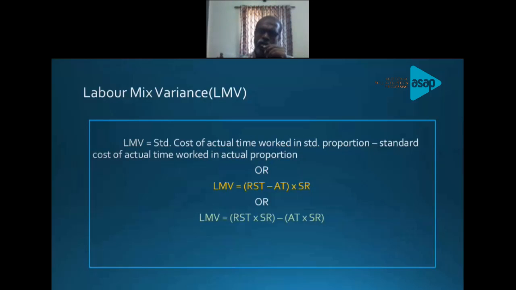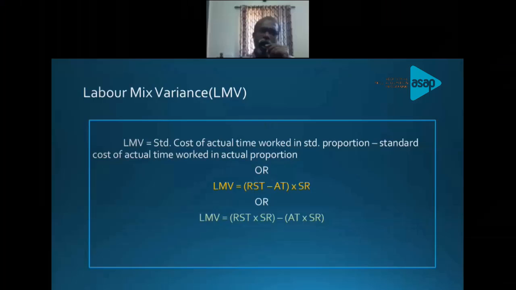For example, a group of workers including people with different skill sets, paid at different rates based on their skill sets, then labor mix variance is calculated. In no other case is labor mix variance calculated.